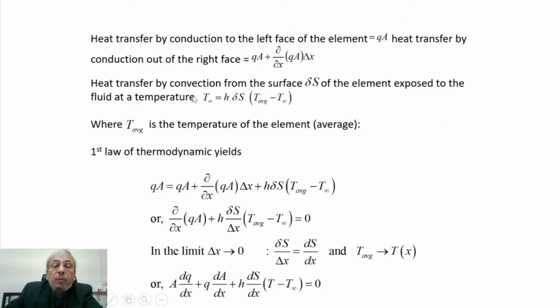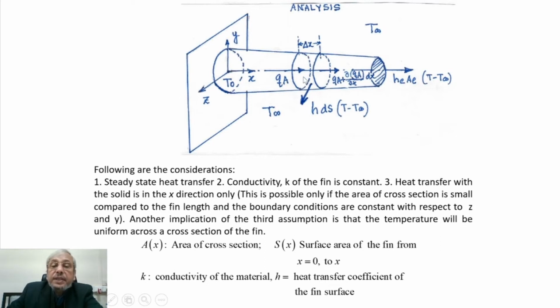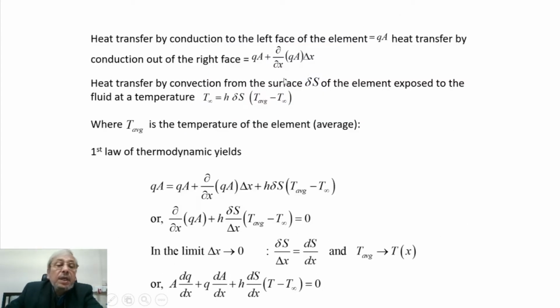And what we have written here is T average. So we are considering average temperature over this volume of interest. T average is the temperature of the element, or average temperature of that elemental volume.